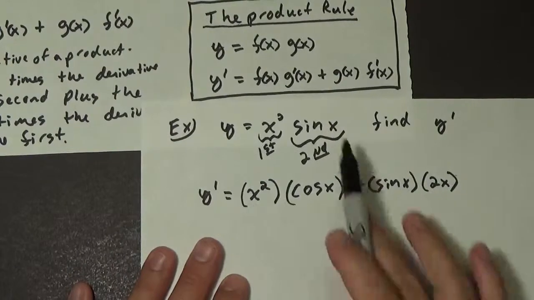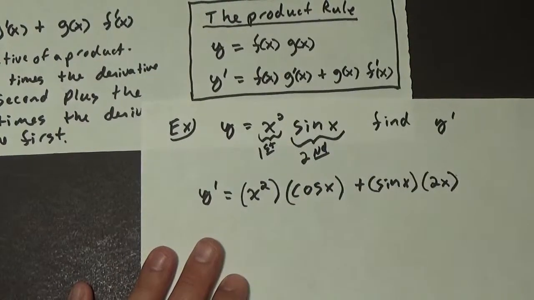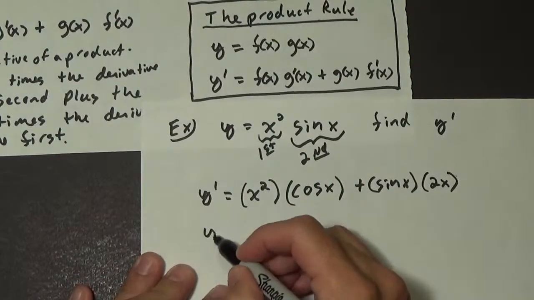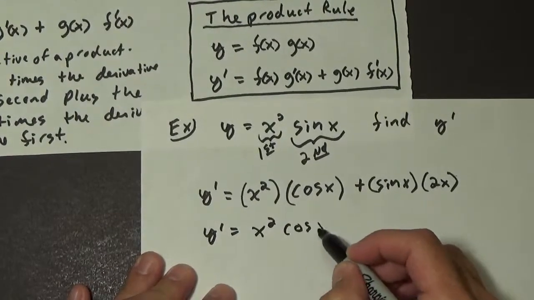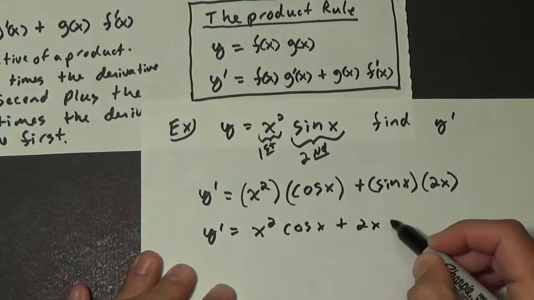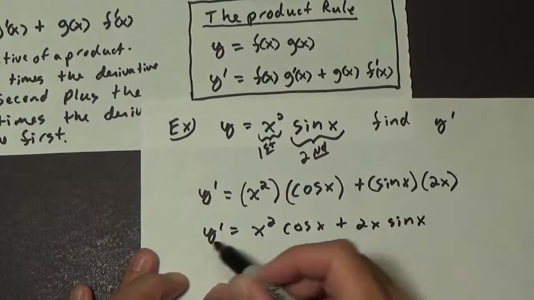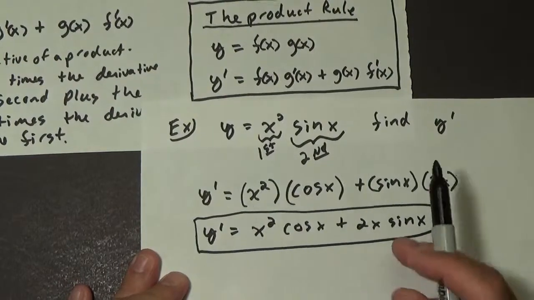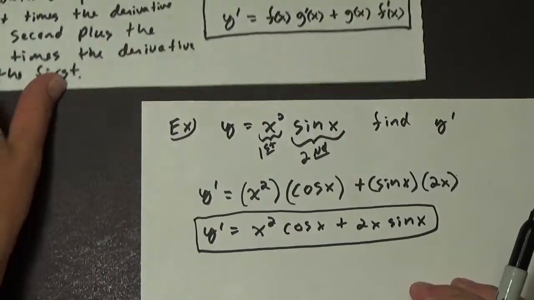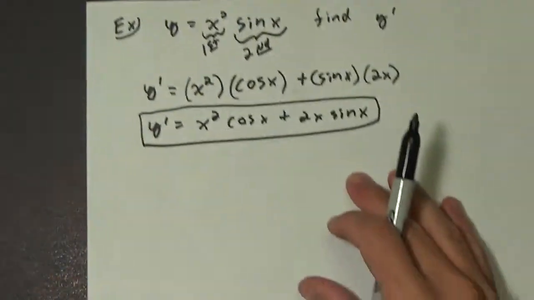So it matches this pattern. And so we can then say that y prime is x squared cosine of x plus 2x sine of x. And this is what we would put a box around. Alright, so there's our first use of the product rule.